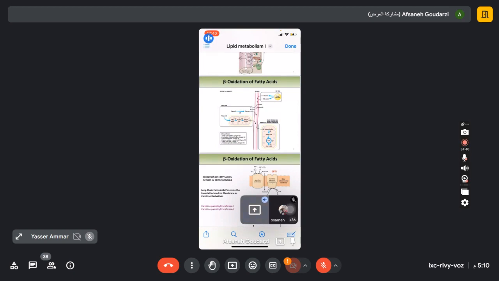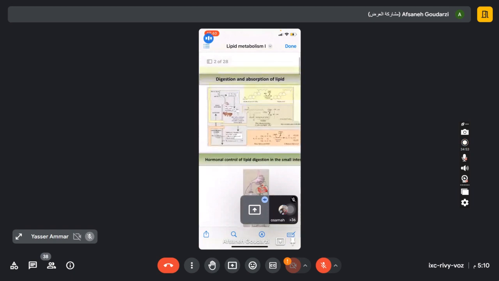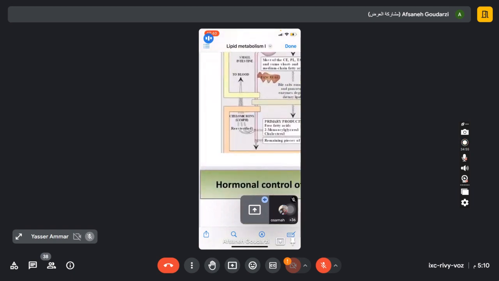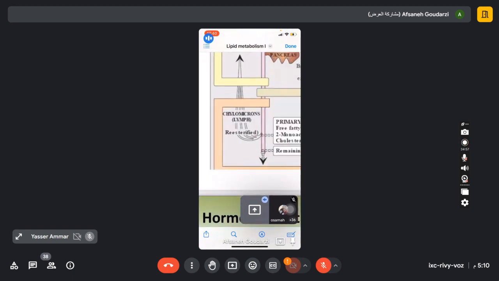When I talk about lipoprotein metabolism, you will understand better that these lipids are packaged in the chylomicron, because here I told you that the absorbed lipid is packaged in the chylomicron.